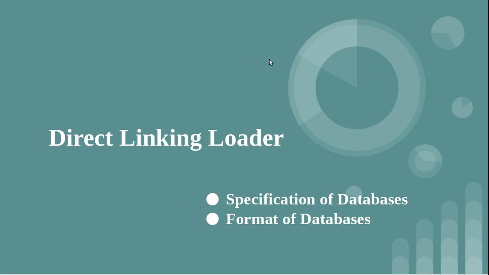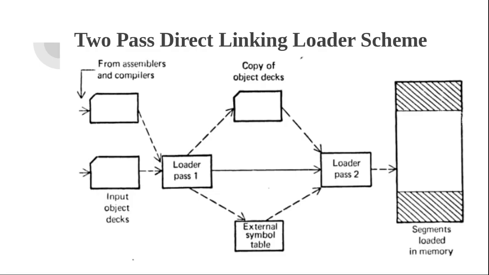Hi everyone. In today's class, we are going to study the next stages in the design of the direct linking loader. That is, the specification of databases and the format of databases. As you can see in the diagram, the direct linking loader scheme requires two passes.